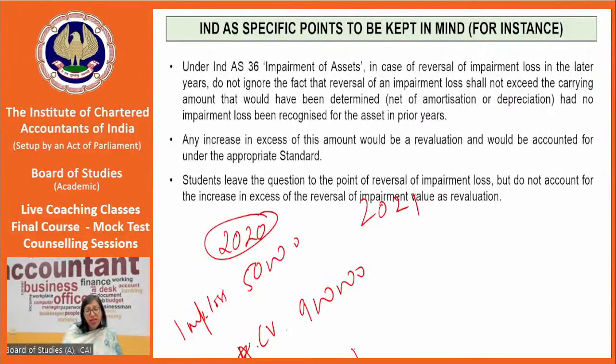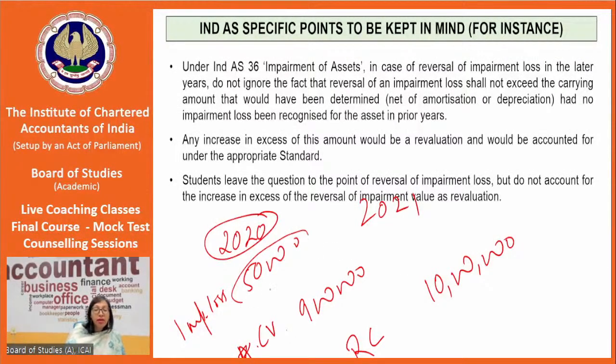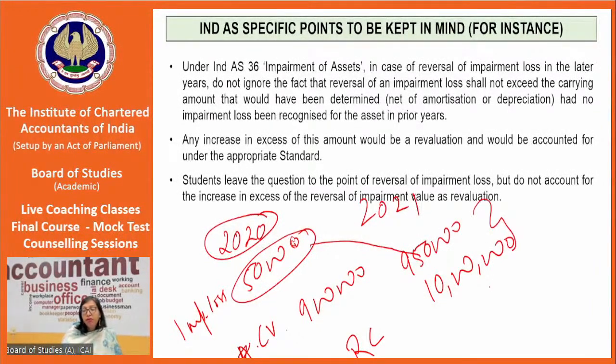Now they are saying your recoverable value of the asset will be 10 lakh. It means there is a case of reversal of impairment loss, but I cannot reverse the entire amount. It may be that a lesser amount is to be reversed. But when I reverse 50,000, ignoring the depreciation calculation, my asset value is 9 lakh 50,000. What about this difference of 50,000?